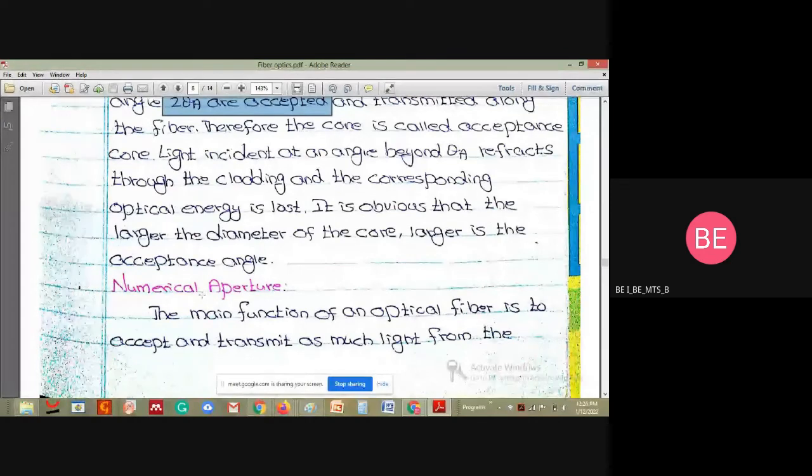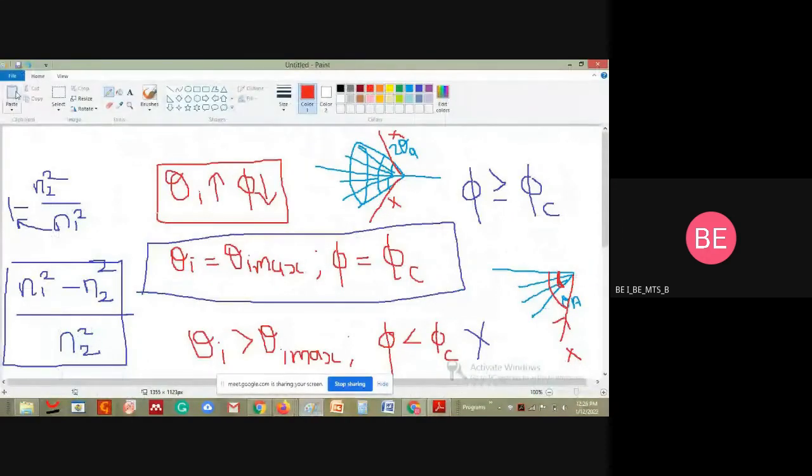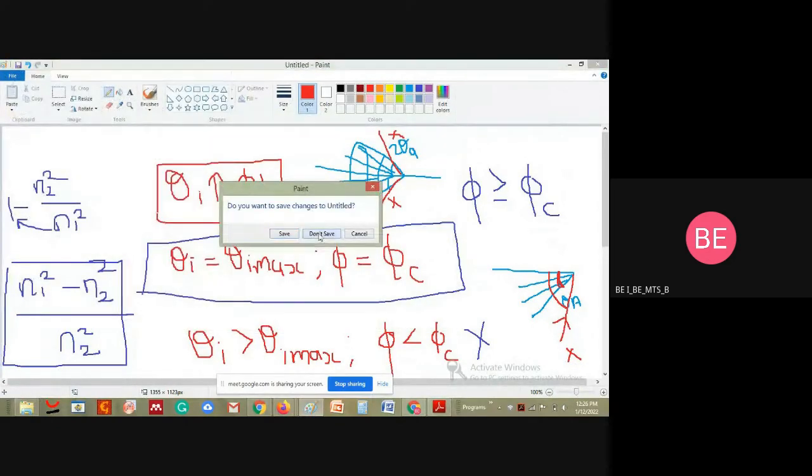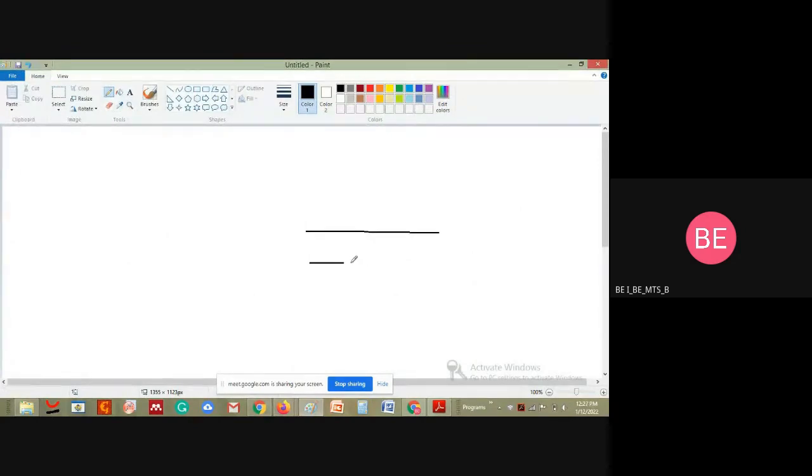So it is obvious that the larger the diameter of the core, the larger the acceptance angle. If the core diameter is very small, this is the diameter of the core, this is the axis of the fiber, the value of theta A will be less.